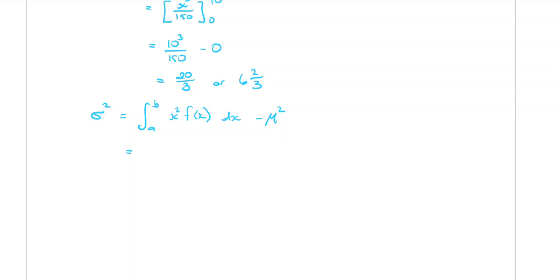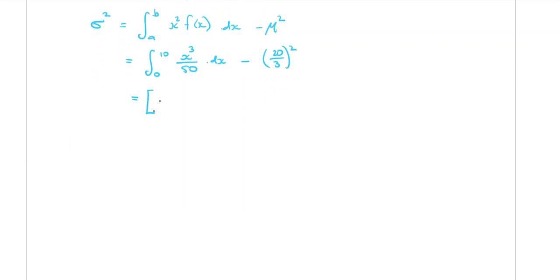So for ours, we are between 0 and 10. X squared times the 1 over 50x will be x cubed over 50, just times them together straight away, minus mu squared, that's 20 over 3 that I'm going to square, so 400 over 9. I'll do that on the next line though.